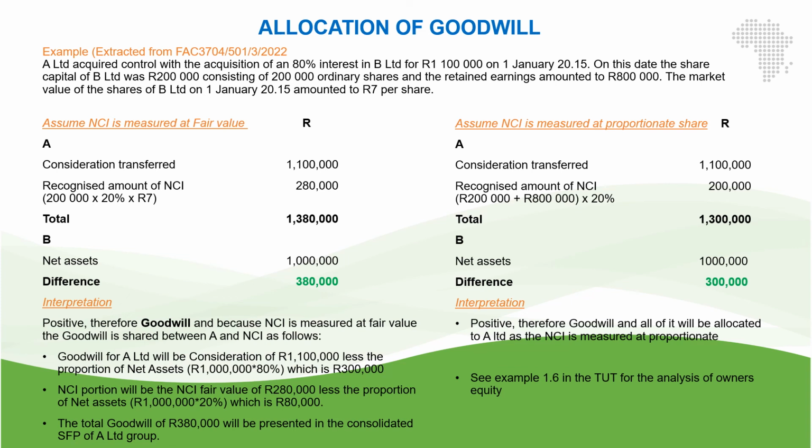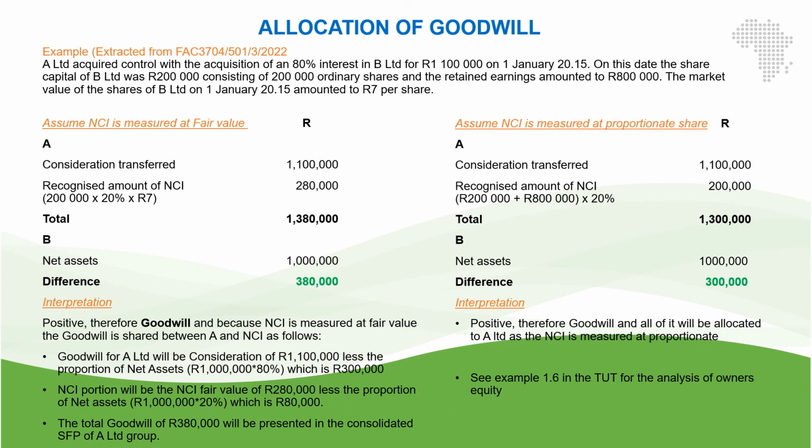And therefore, the total for A will be 1.3. And then net identifiable asset is 1 million. And the difference between A and B, you are landing at 200. And then because it's positive, it will be goodwill again.